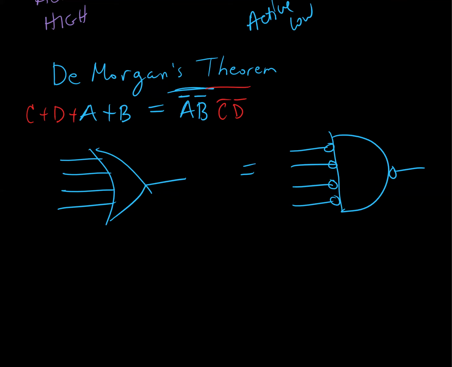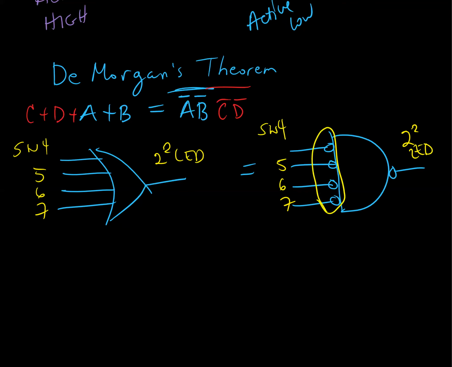So this is the case where we've got our switch 4, switch 5, 6, and 7, and our output 2 to the 2 LED. And this is switch 4, 5, 6, and 7, and our 2 to the 2 LED. Now, these two circuits are the same, but notice in the lab, we didn't do this. We didn't have inverters here, okay?